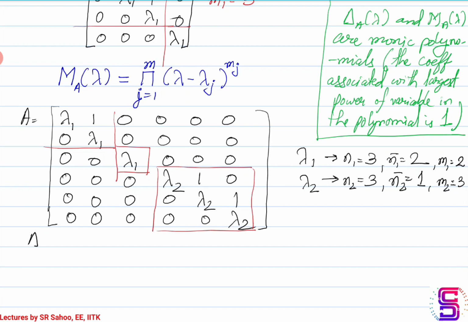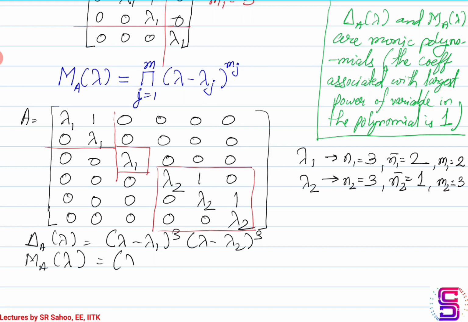Okay. Now the characteristic polynomial that you get will be of this form: lambda minus lambda 1 to the power 3 multiplied by lambda minus lambda 2 to the power 3. But the MA polynomial that you get is equal to lambda minus lambda 1 to the power 2, because m1 is 2, multiplied by lambda minus lambda 2 to the power 3, because m2 is 3.